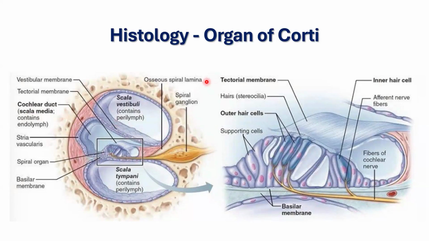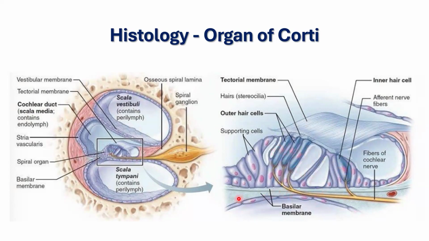At a high magnification of this organ of Corti, on our right side, you can appreciate there's a membrane above the spiral organ of Corti, which is known as the tectorial membrane. This is one inner hair cell, then three outer hair cells.